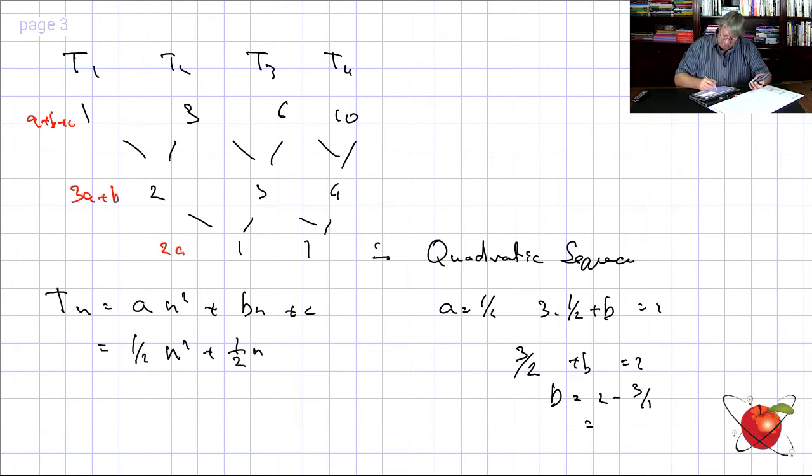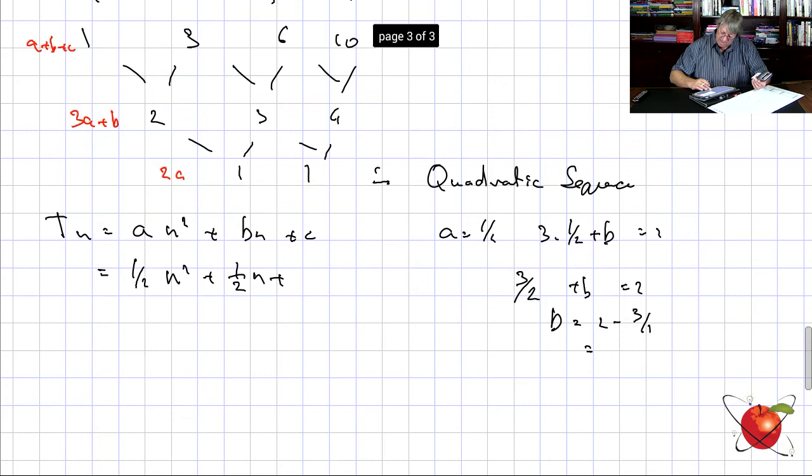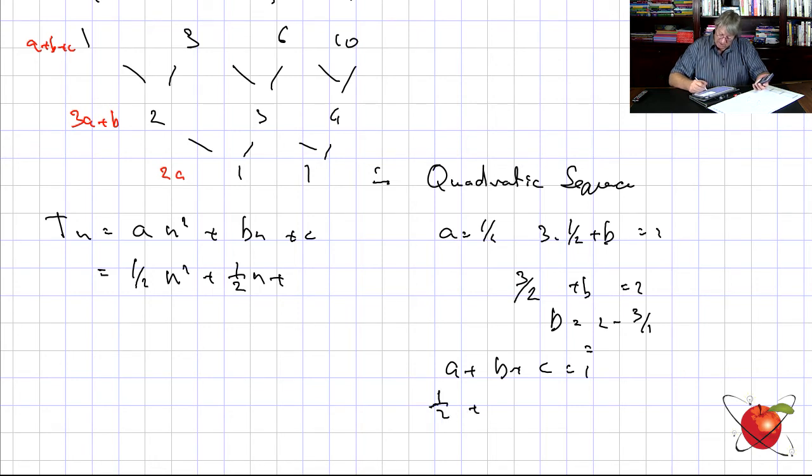Half n squared plus a half n plus c, and then a plus b plus c is going to be equal to 1. A is a half. B is a half. Plus c equals 1. That's 1, so c comes out to be, by the looks of it, 0.